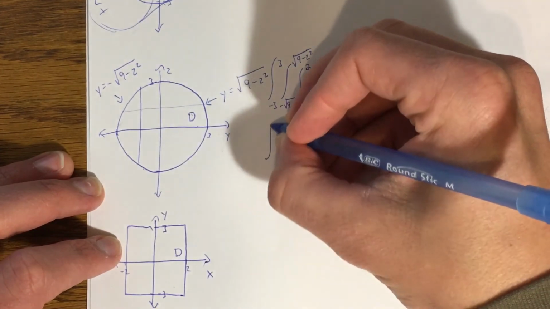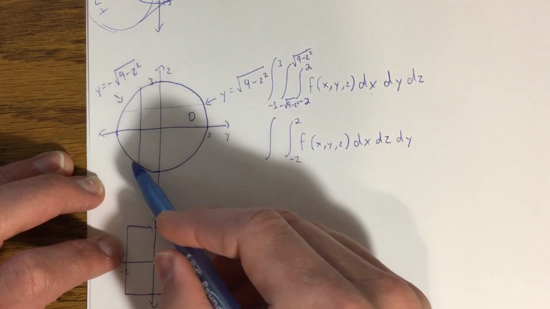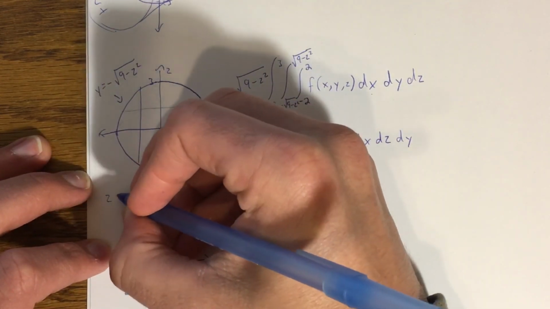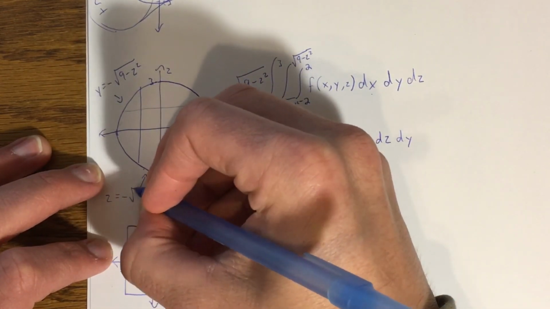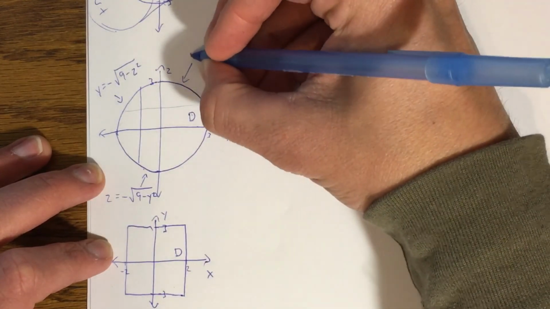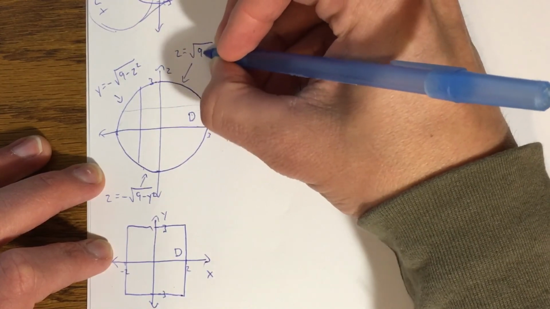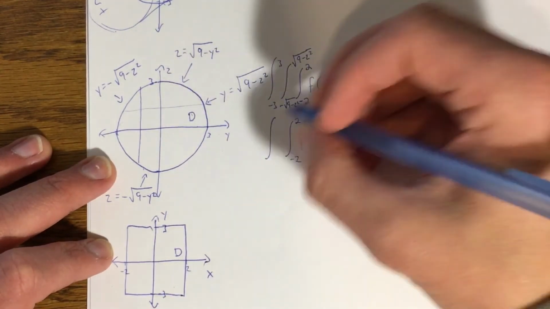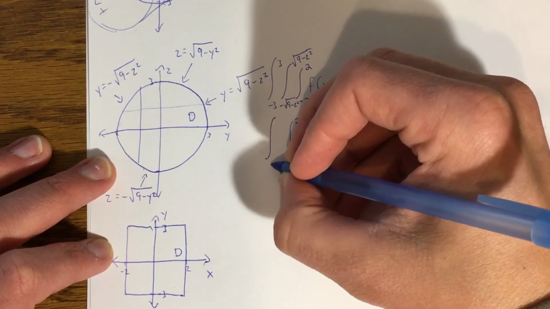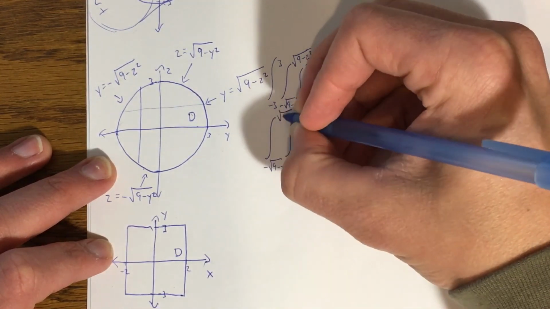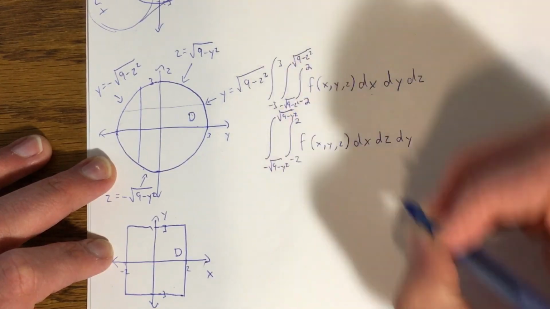Z is going to have a lower bound of negative square root of 9 minus y squared, and an upper bound of positive square root of 9 minus y squared. So those are the limits of integration here.